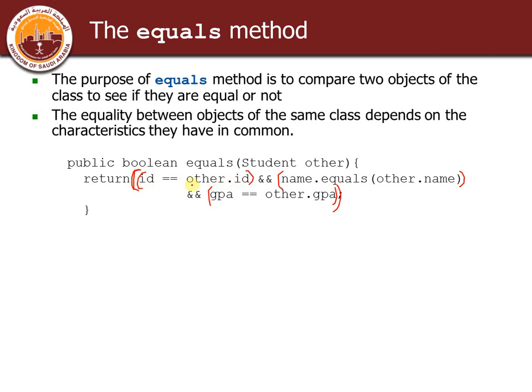So is this true if the ID of this class is equal to other.id? This is an int compared to an int. That's why I'm using this double equal sign. So if this is true, then I'm going to check this. This is an AND. And it's going to be true only if all of them are true? Yes.